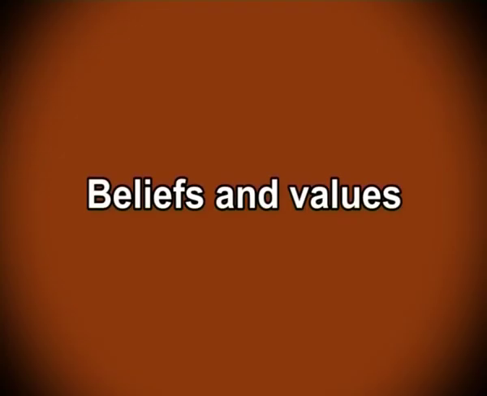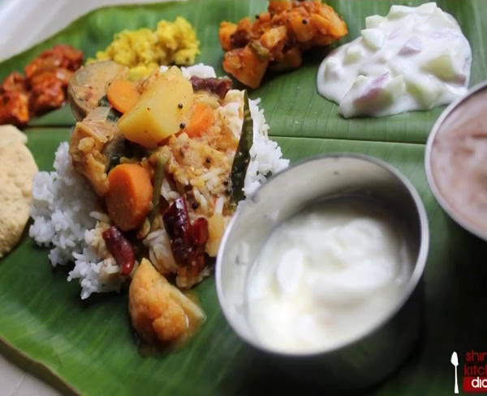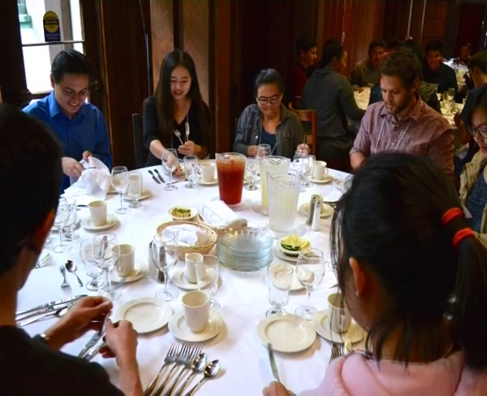Beliefs and values. The preferences and reactions to the food are also dependent on individuals, for example, religion, culture, tradition and eating habits. Social aspects. Social aspects such as special occasions, events and parties also influence the expression about the quality attributes of food.